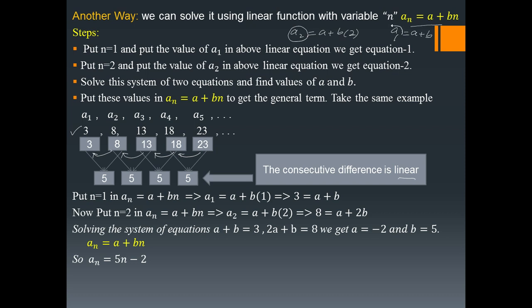What is the value of a1 in this sequence? 3, and the value of a2 in this sequence is 8. So we are progressing.